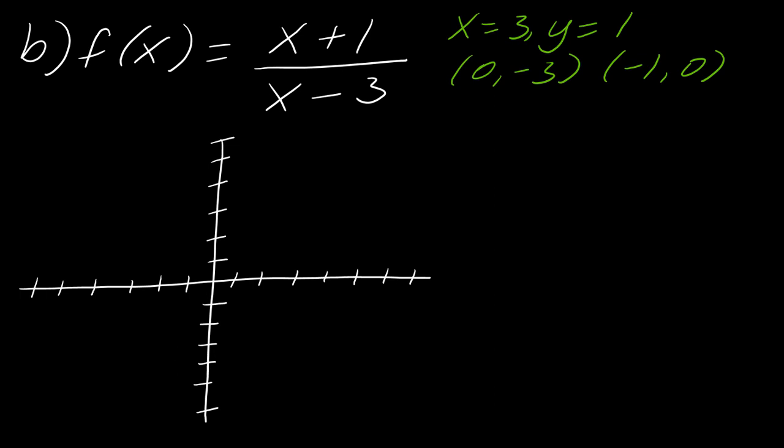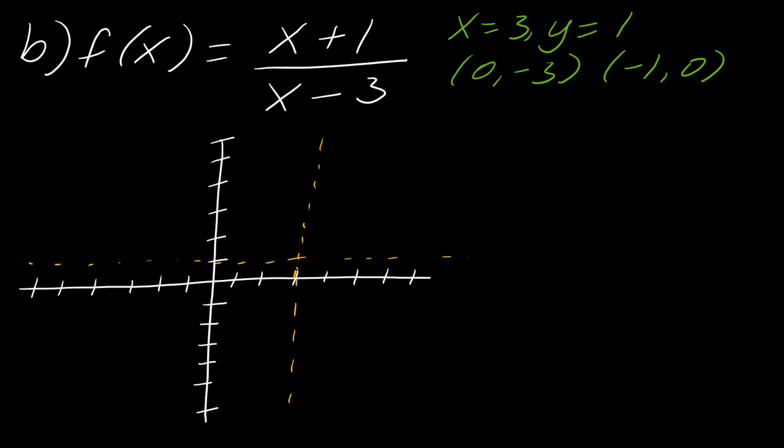Okay, so I've got a little graph here. I've got all my information. So let's go ahead and plot some things. First I'll mark my asymptotes, x equals 3 and y equals 1. So here's my x equals 3 asymptote. Here's my y equals 1 asymptote.